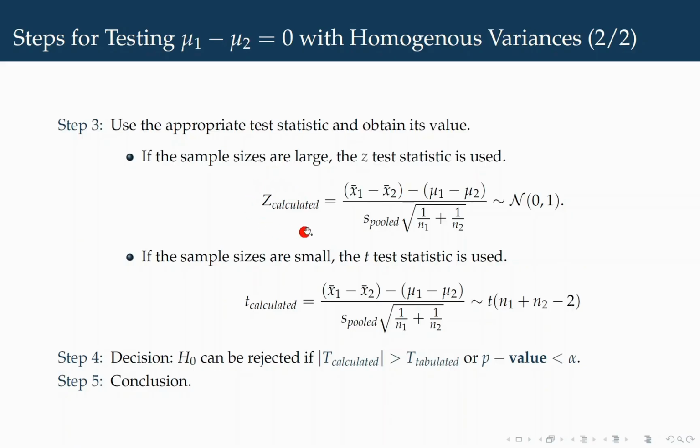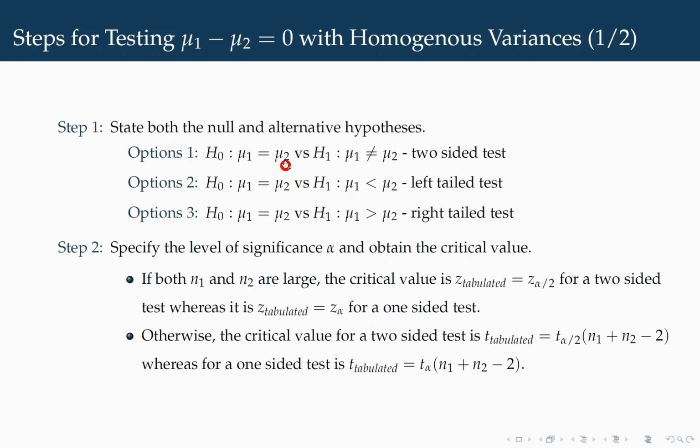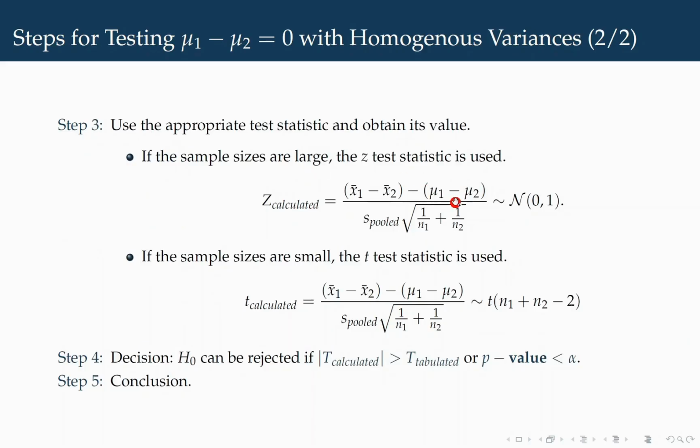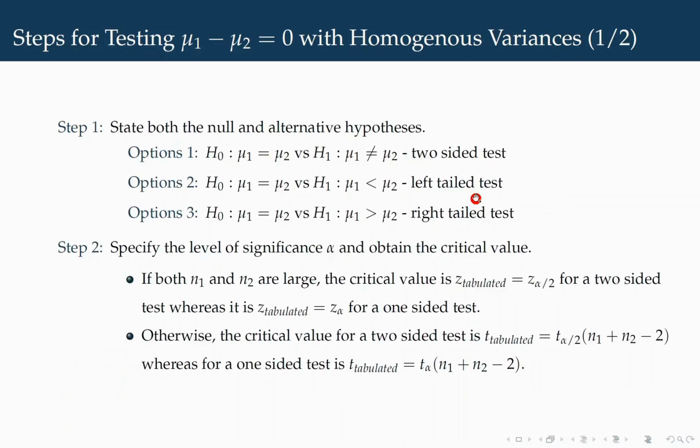The calculated value of the Z test statistic is obtained as x bar 1 minus x bar 2, which is just the sample mean difference of the two groups, minus mu1 minus mu2. This mu1 minus mu2 is actually 0 under the null hypothesis. When we write mu1 equals mu2, that means mu1 minus mu2 equals 0. Therefore, the difference mu1 minus mu2 is 0 under the assumption that the null hypothesis holds true.